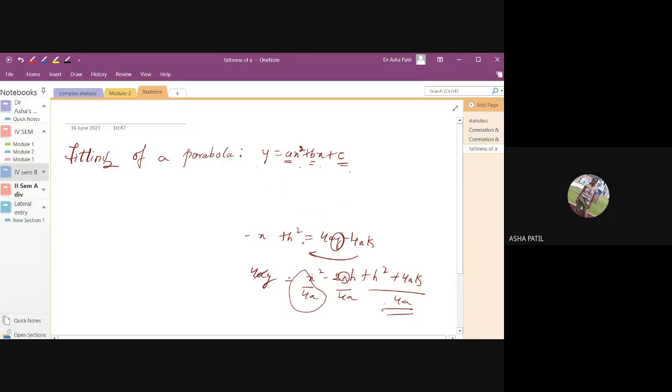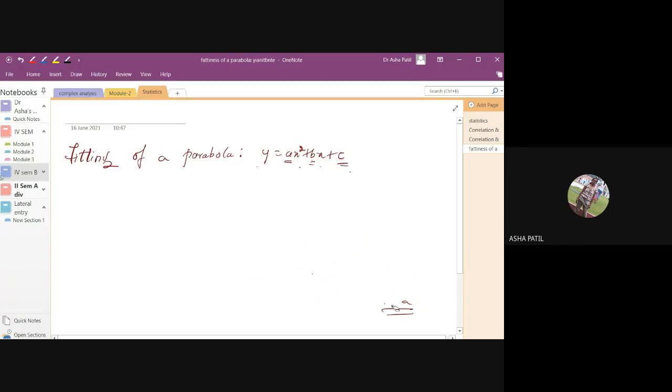Okay. Now similarly, as we did yesterday for fitting of a straight line, in the same way we'll go for fitting of this parabola. For that we need the normal equations. Again, can anybody tell me what the normal equations of y equal to ax square plus bx plus c are?